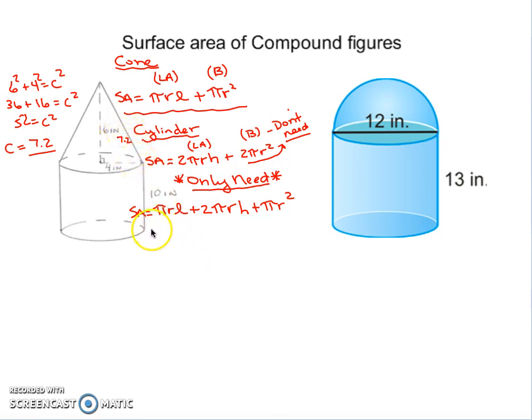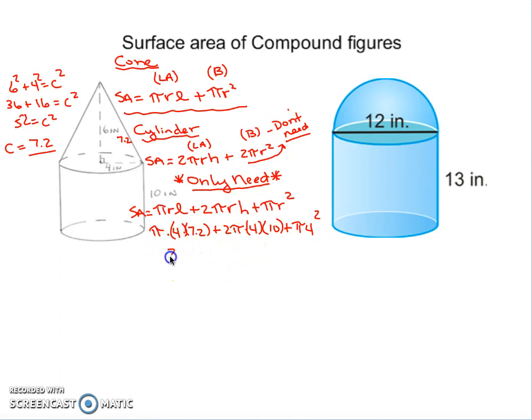So to plug this in now, we have pi times our radius, which is 4, times our slant, which is 7.2. And then we're going to add that to 2 pi. Our radius again is 4 times our height, which we can see for our cylinder is 10, plus pi. And for our radius again, we have 4 squared.